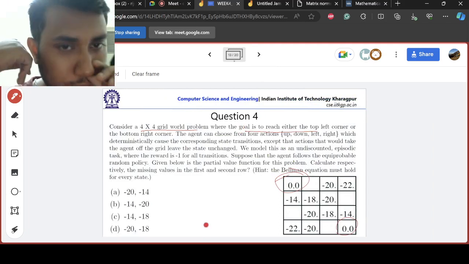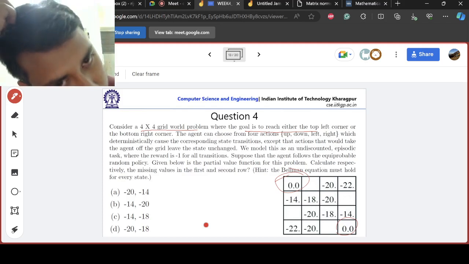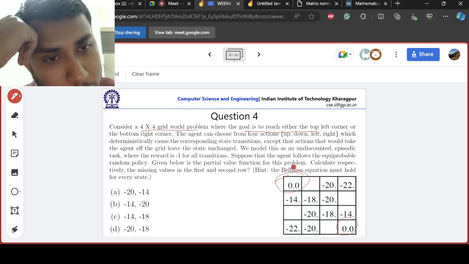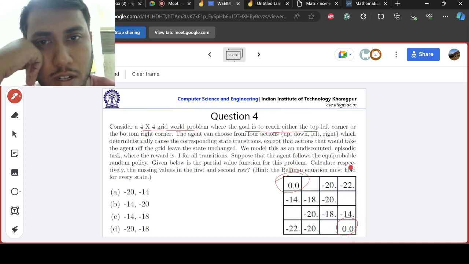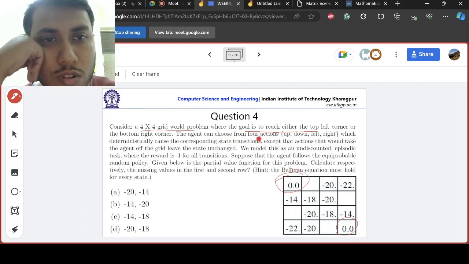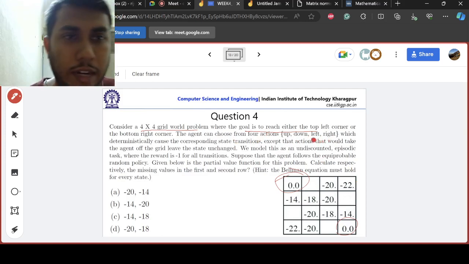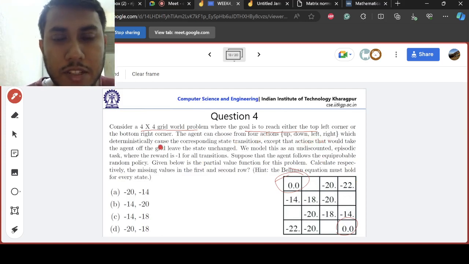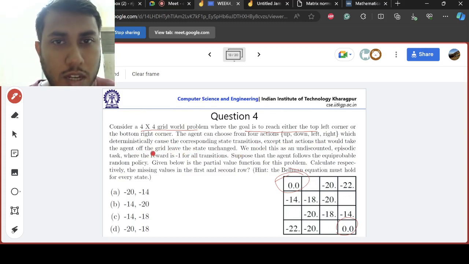Okay, so let's come to this one. You have a 4 cross 4 grid, and your goal is to reach either the top left corner or the bottom right corner. The agent can choose 4 actions: up, down, left, or right, which deterministically cause the corresponding state transitions, except that actions that would take the agent off the grid leave the state unchanged.